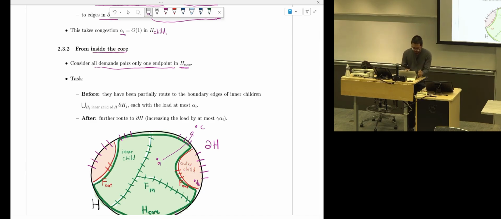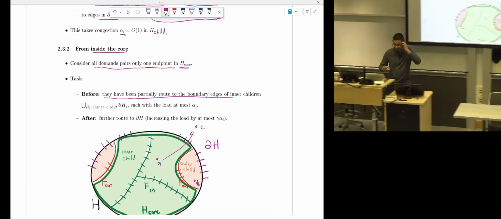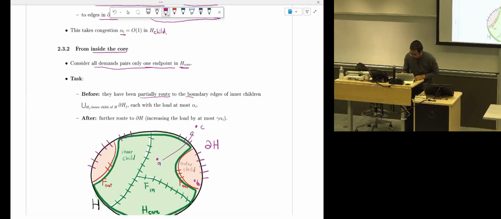So again, what we have so far is that we have partially routed the flow up to the battery edges of inner children, which is the battery of the core, basically. Actually, no, sorry. I might have routed to this thing or to the battery of the core.